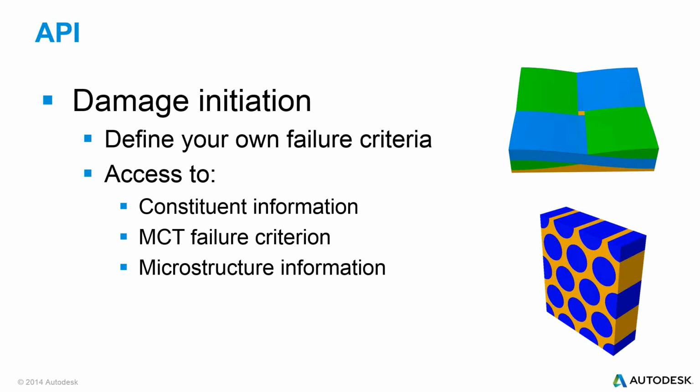So you can start making decisions prior to any failure, in case you want to include any material nonlinearity. We also give you access to our microstructures, which means you can run the micromechanics codes in the background, or determine if it's a woven material or a unidirectional material.